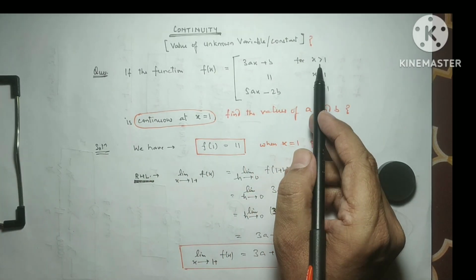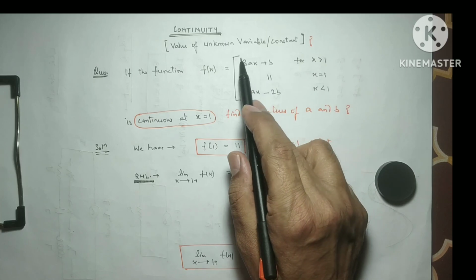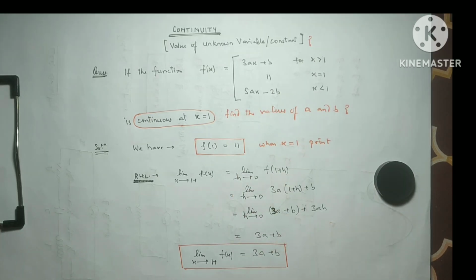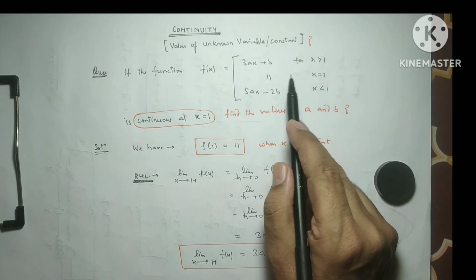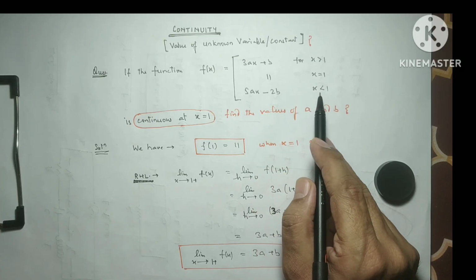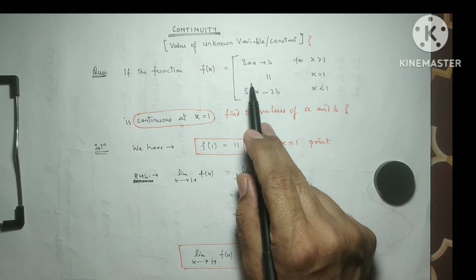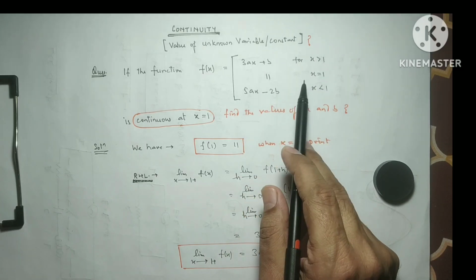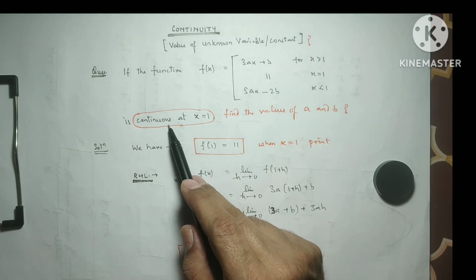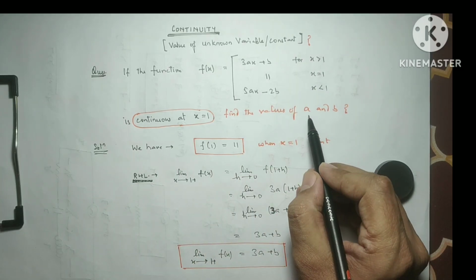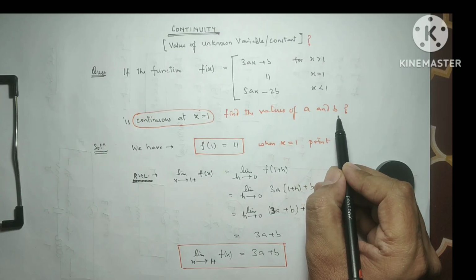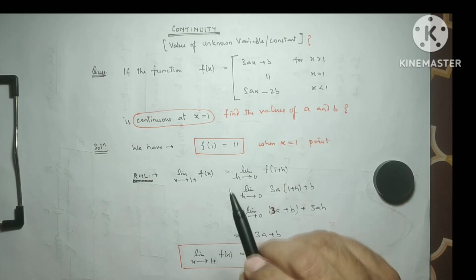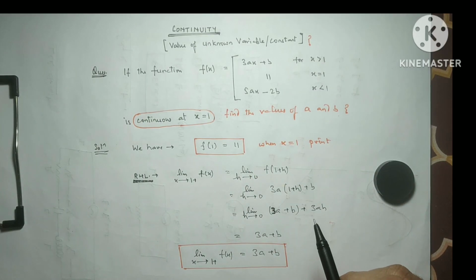According to the definition, when x is greater than 1 we use this expression. At x equals 1 it gives the value 11. When x is less than 1 we have this expression, and according to the continuity concept we will collect the values of a and b. These are two values, a and b.